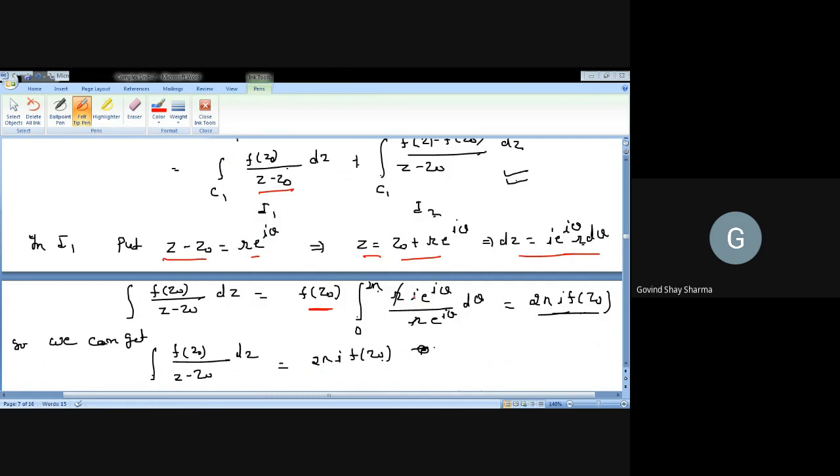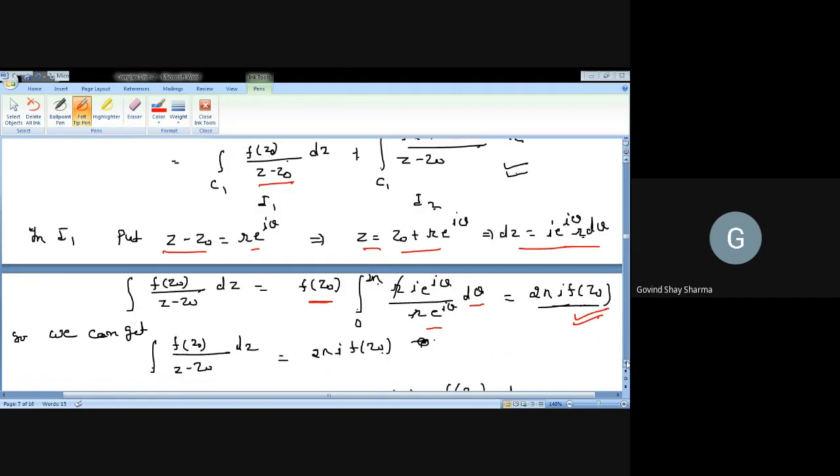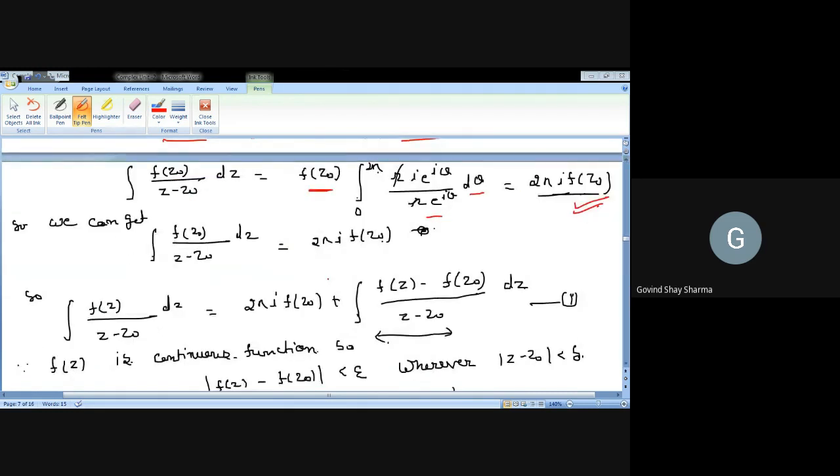Here is the dz value, i r e to the power i theta upon r e to the power i theta. This cancels, and only i d theta remains. The integration of d theta is theta, from 0 to 2 pi. This is the value of the first part, I1.